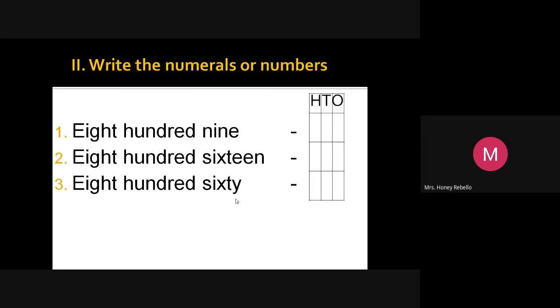NINE. 9. 800. 9. So you have to write under 100s, 8. Then nothing in tens place. 809.